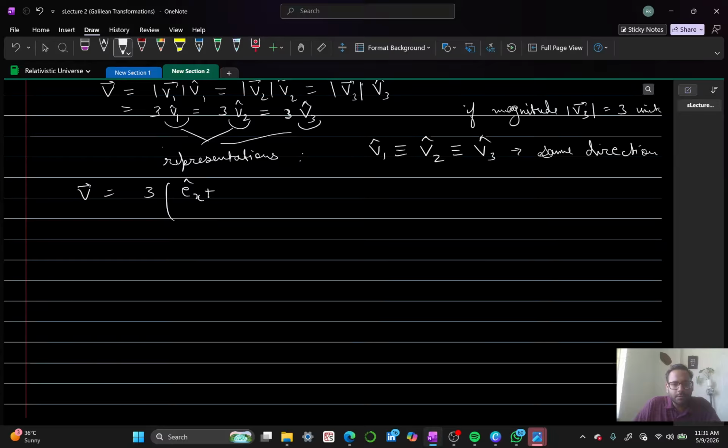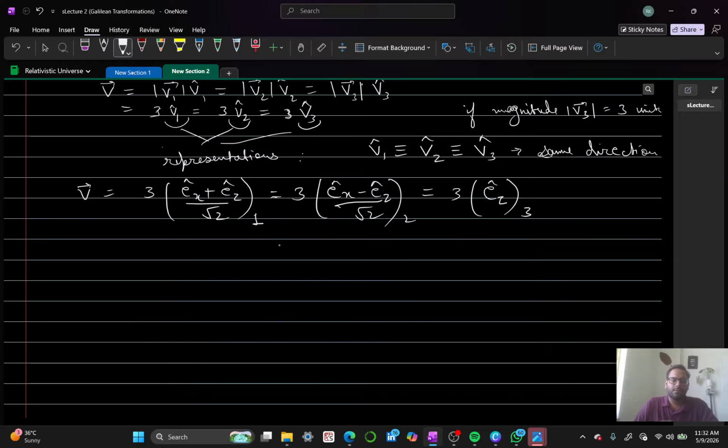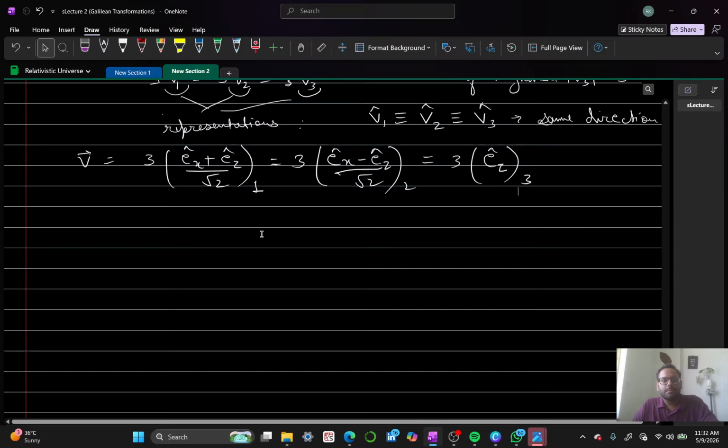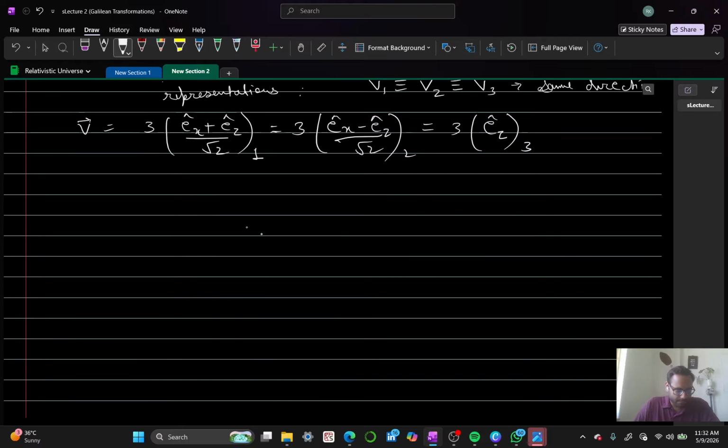Can you remember what it was in the last class? It was this in representation 1, and it is equal to this in representation 2. Similarly, it was Ez in the third representation. We were talking about the example we discussed in the previous class.